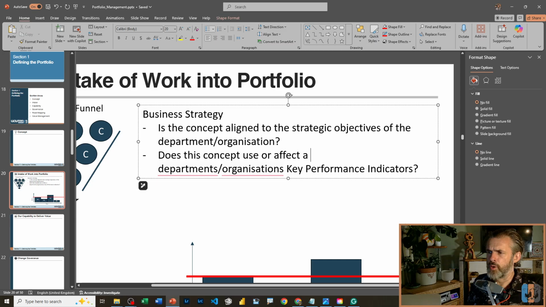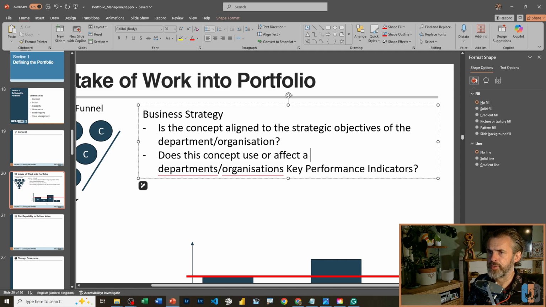So the waste key performance indicator is used, and the concept itself, well, let's go with the banana example, would affect it as well.